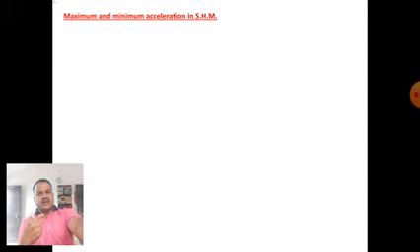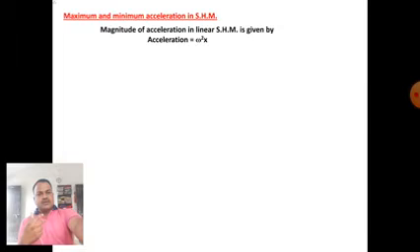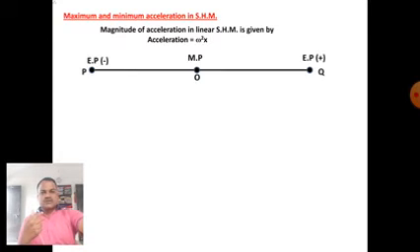Now the maximum and minimum acceleration in SHM. The magnitude of acceleration in linear SHM is given by acceleration is equal to omega square x. This is the path of the linear SHM, POQ. O is the mean position, and P and Q are the extreme positions, plus and minus. On the right side we consider positive, and on the left side negative.